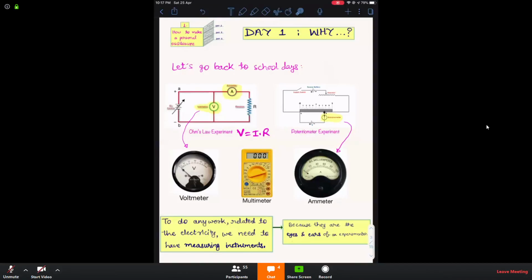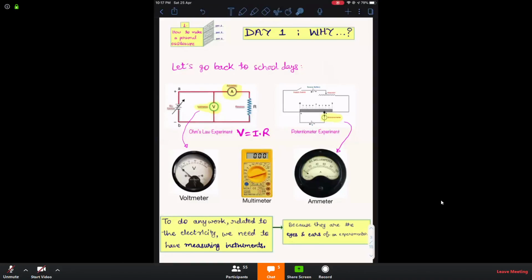The names of these experiments are not important for our session, but what I want to show is that no matter what kind of electrical work you are doing, you will need measuring instruments to measure the electrical parameters.